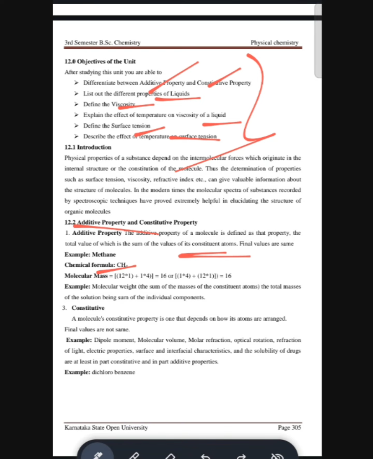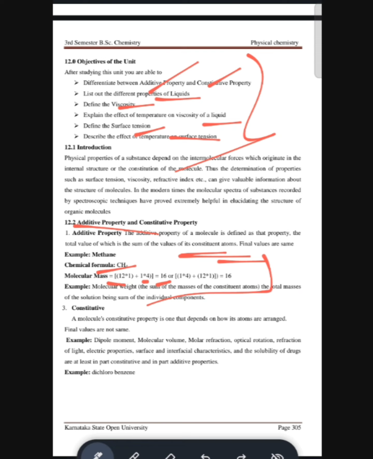So we are going to get the molecular mass as 16. Carbon 12 into 1 and hydrogen 1 into 4, that is 16. The molecular weight is the sum of the mass of constituent atoms, the total mass of the compound being the sum of individual components. So total mass should be equal. That is the additive property.